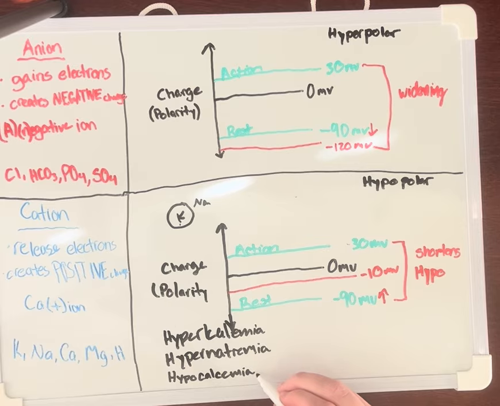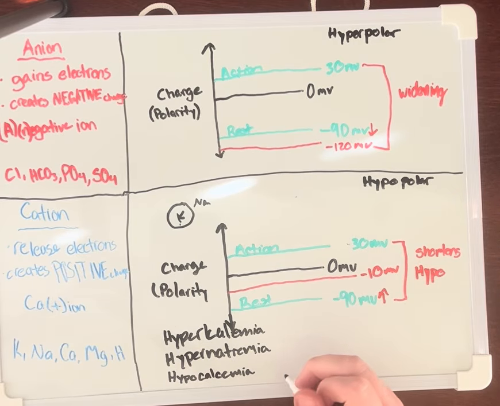So anytime this is low, that's going to create a state where the permeability for sodium is going to increase, which just means the ability for it to cross into the cell.